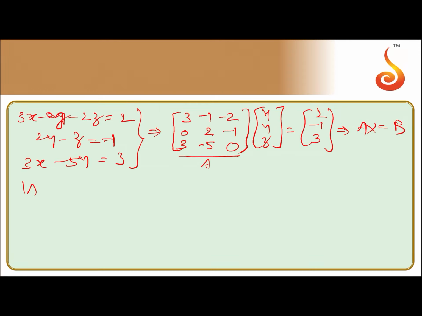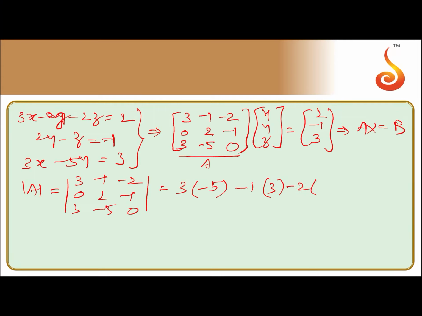Let me take up the determinant of A, which is the determinant of 3, minus 1, minus 2; 0, 2, minus 1; 3, minus 5, 0. That equals 3 multiplied by (0 minus 5), minus (minus 1) multiplied by (0 plus 3), minus 2 multiplied by (0 minus 6).